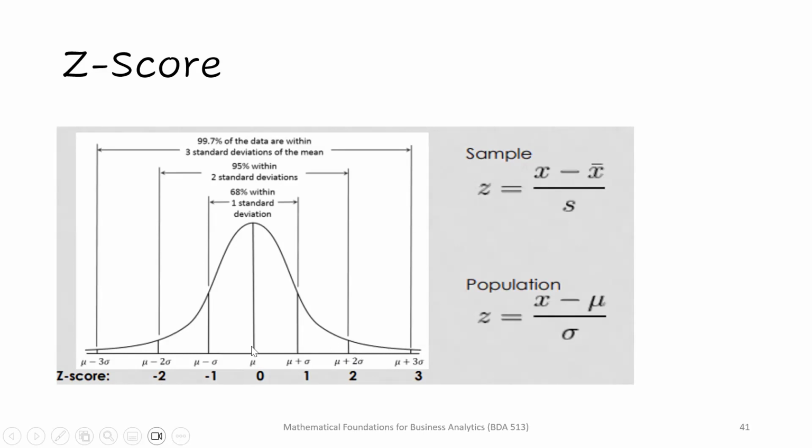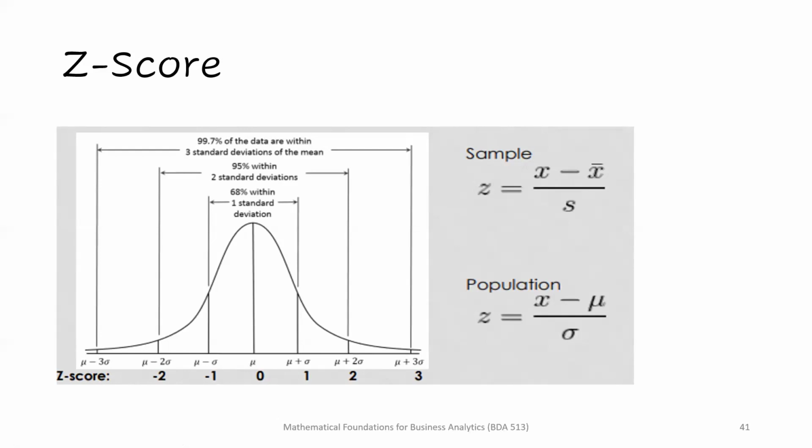Now, the distance from the mean to wherever you are going, whether left or right, normally we use the standard deviation. So let's say if you go one standard deviation, you are deviating from the mean. If you deviate by 1 point, then it will be your mean plus the standard deviation.